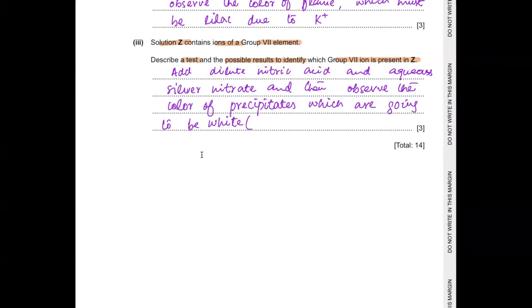Then observe the color of the precipitates, which are going to be white for chloride, green for bromide, or yellow for iodide. Is this understandable?